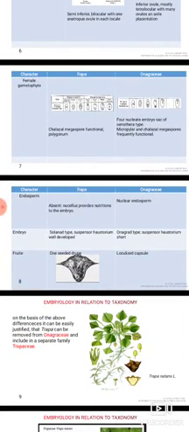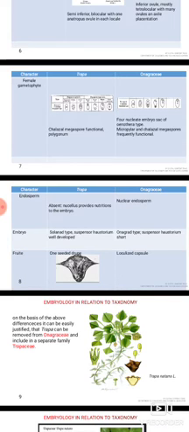Coming to the next character, that is endosperm. In case of Trapa, it's absent. The nucellus will provide nutrition to the developing embryo, whereas in case of Onagraceae, it is nuclear endosperm.